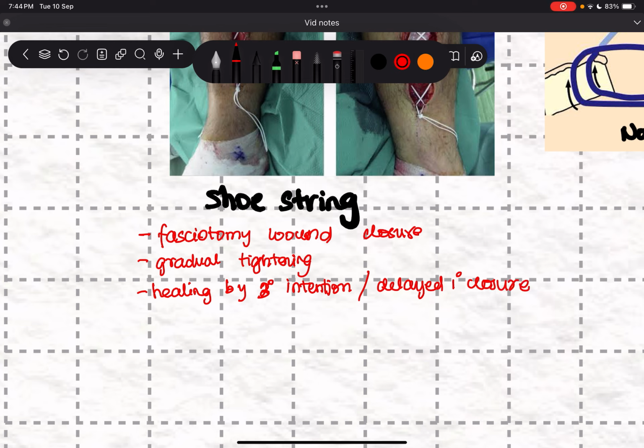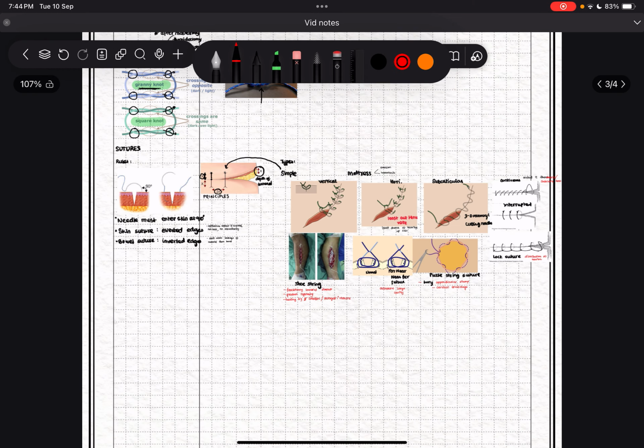With this, the types of sutures get completed. Now we get into the needles and the actual suture materials.